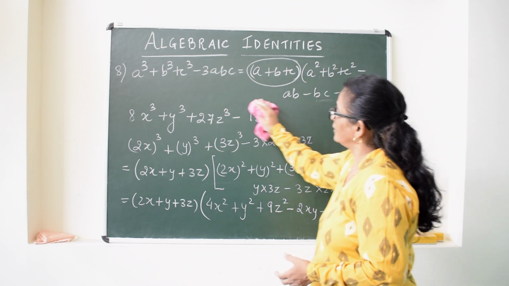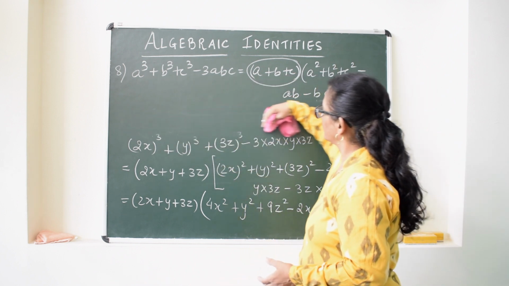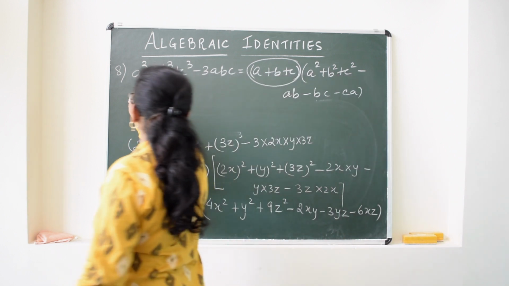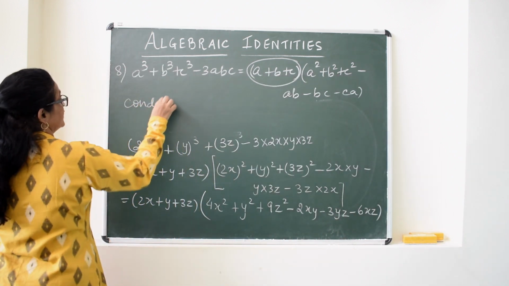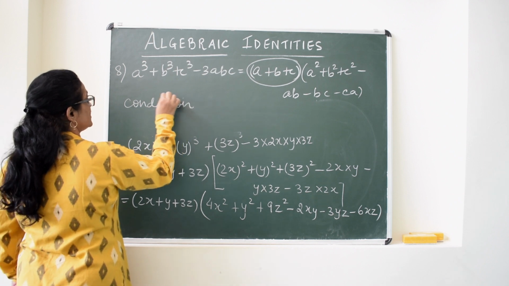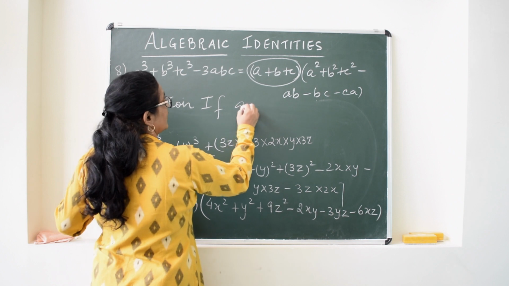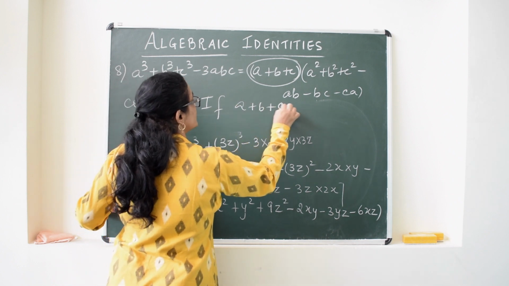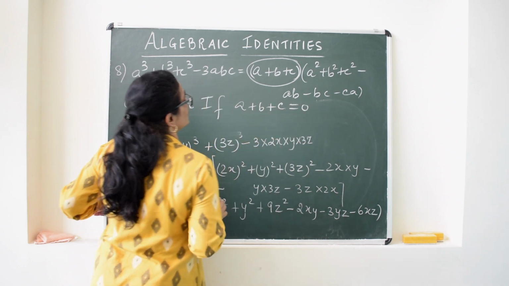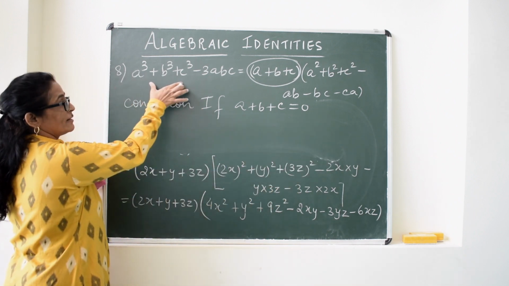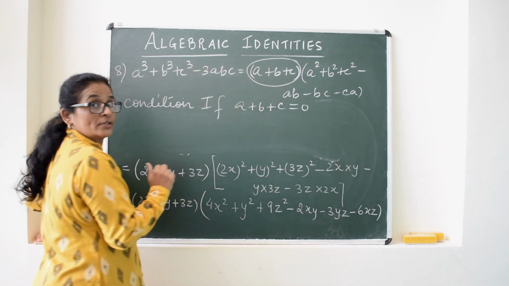So then in that case, we can simply write for the same identity. This is called the condition of the identity. Condition is if a plus b plus c is equal to 0. So in that case, the left hand side will be equal to 0.